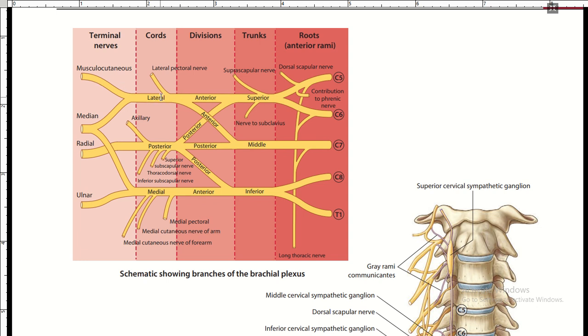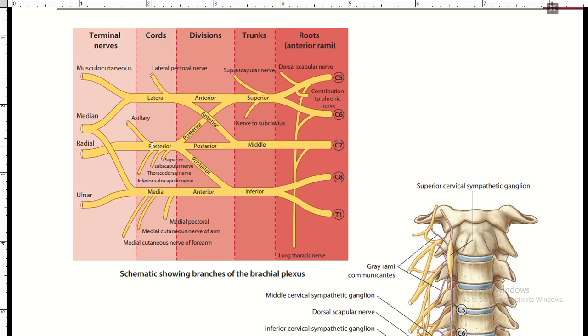So this lateral cord is going to give your lateral pectoral nerve going to the pectoralis major muscle, the lateral root of the median nerve, and your musculocutaneous nerve. Right. So the musculocutaneous nerve is the terminal branch of the lateral cord. Good. As for the posterior cord, you have to use a mnemonic called ultra.